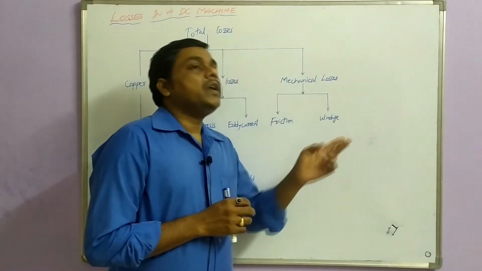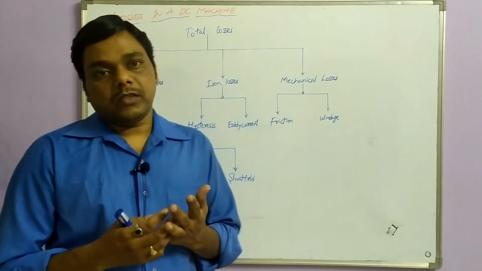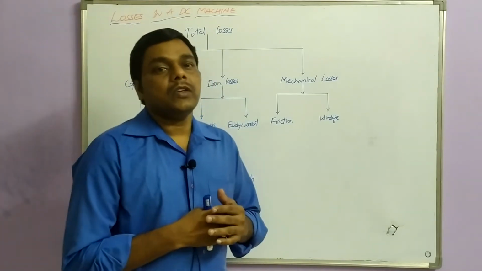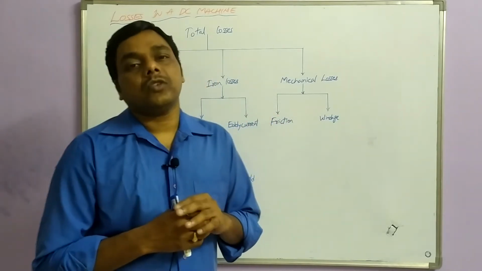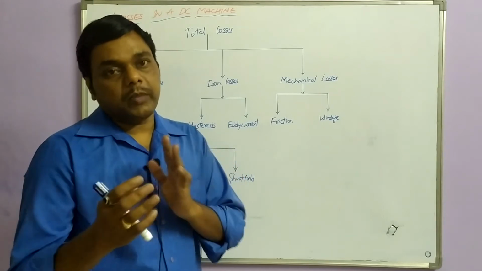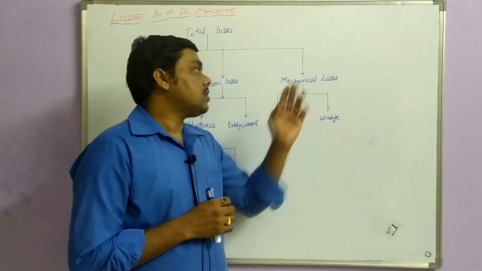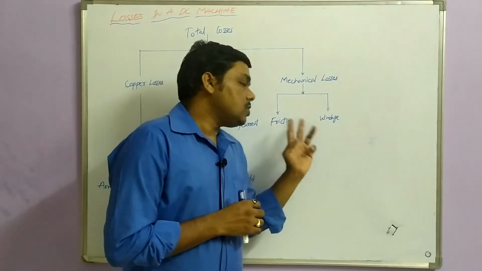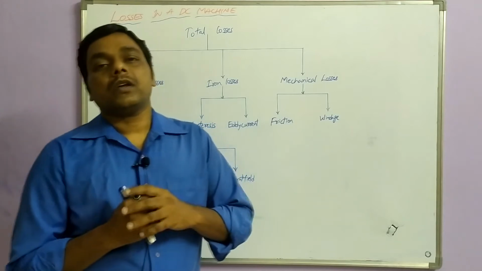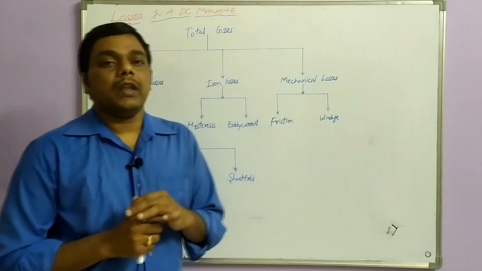And windage losses are nothing but air resistance. When the shaft is moving, opposing air comes to the shaft, so the shaft speed may decrease. So friction and windage losses come under mechanical losses. With these two also there is some power loss, so these are considered under mechanical losses.